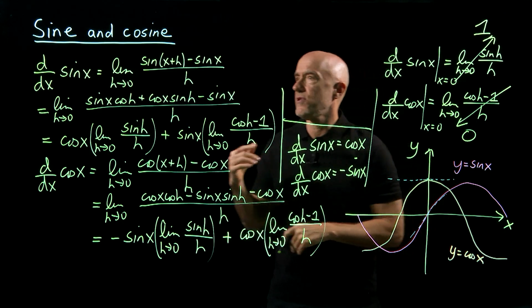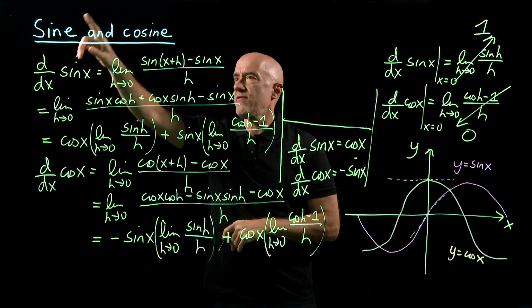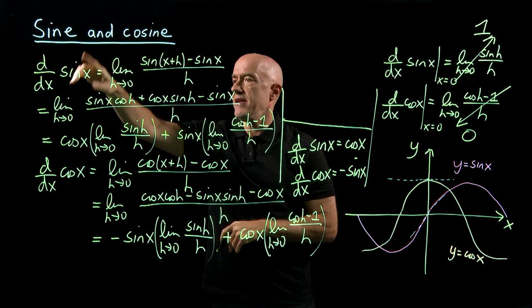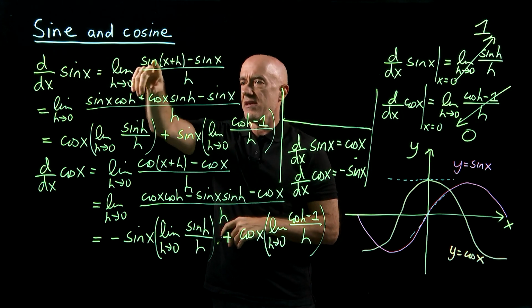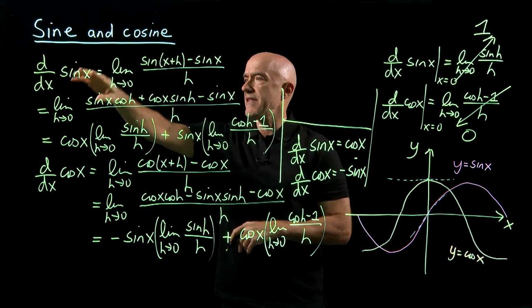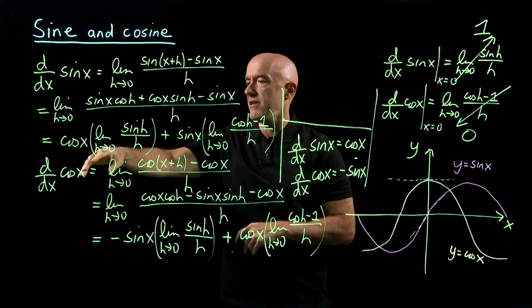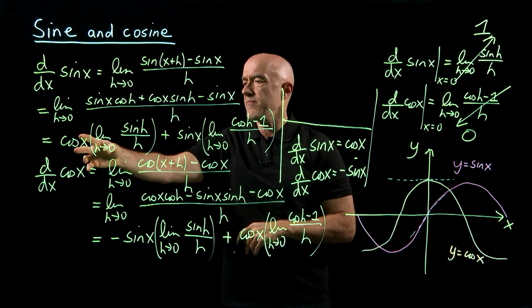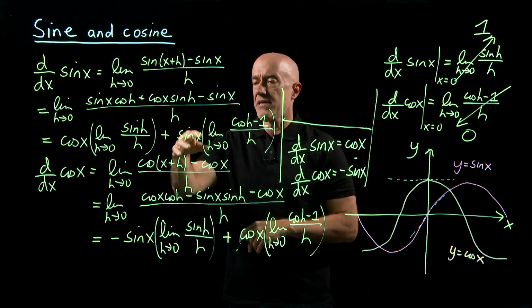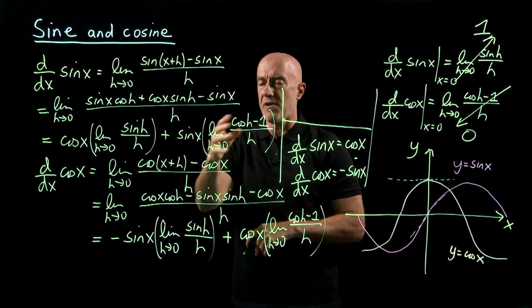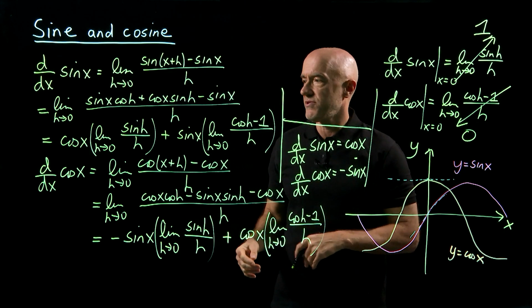So let me review. We're trying to find the derivatives of the sine and the cosine. If we use the definition of the derivative and the addition formula, we can get that the derivative of the sine function is the cosine function times the slope of the sine at x equals 0, plus the sine function times the slope of the cosine at x equals 0.